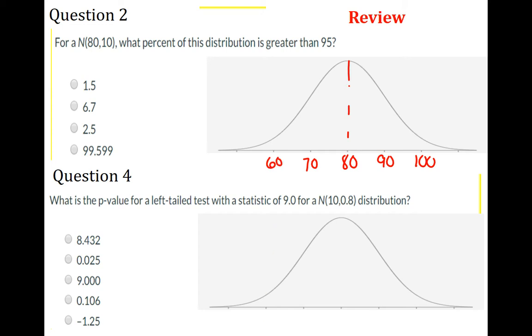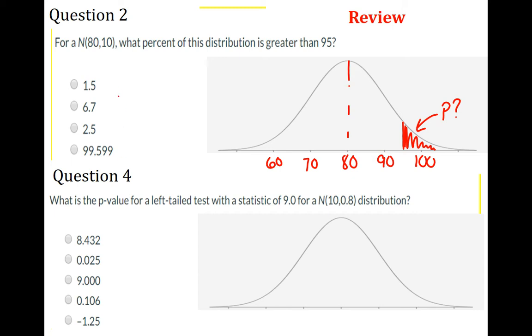And the question asks me, what percent of this data is distributed for greater than 95? So it's telling me at 95, what's the p-value?